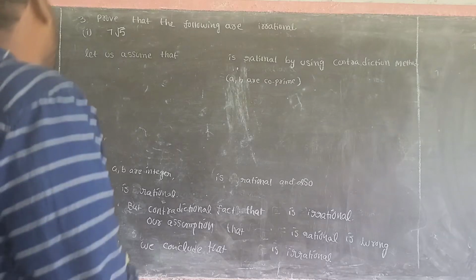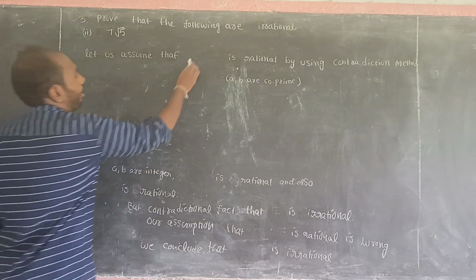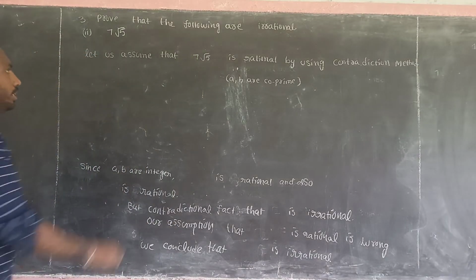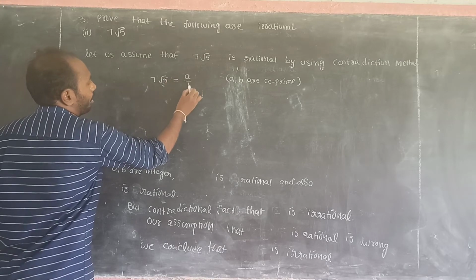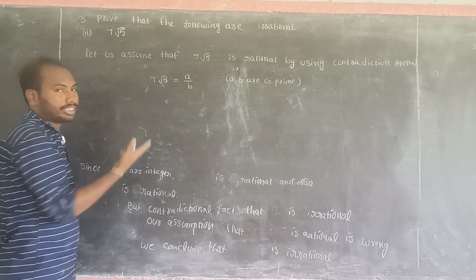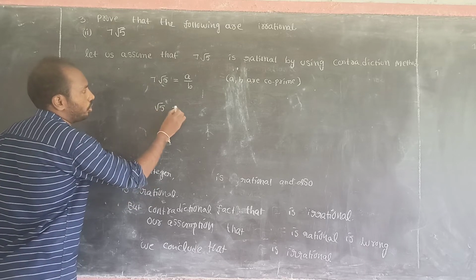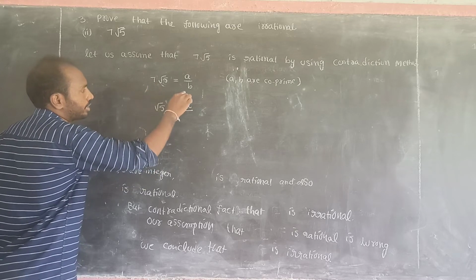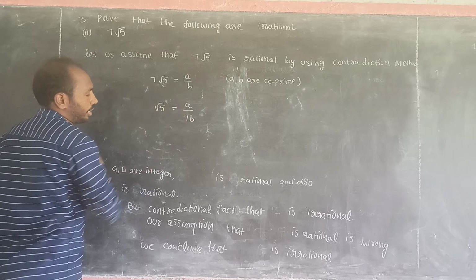Okay, next, second problem, 7 root 5. Let us assume that 7 root 5 is rational by using the contradiction method. 7 root 5 is equal to a by b, where a, b are co-prime. 7 is a rational number, root 5 is irrational. Transposing 7 to the right side, root 5 is equal to a by 7b.